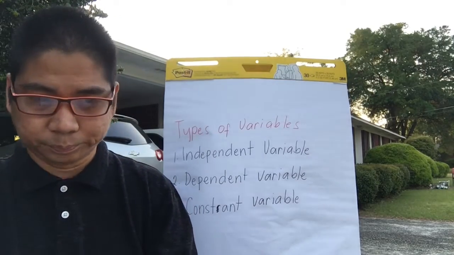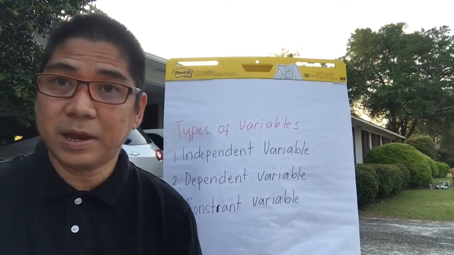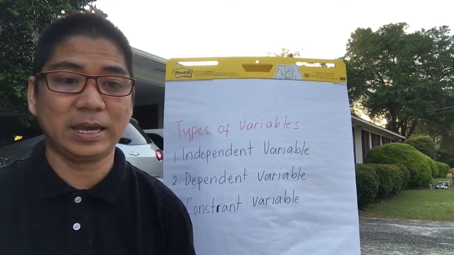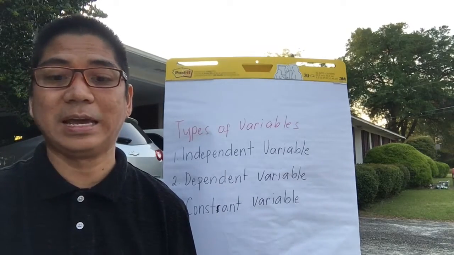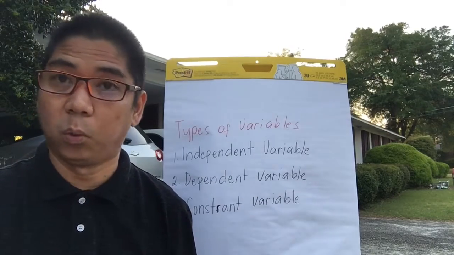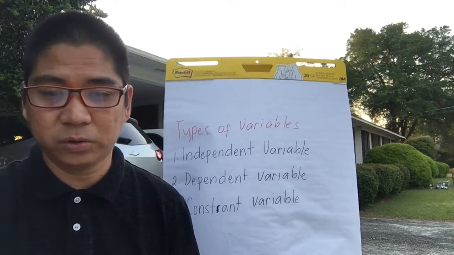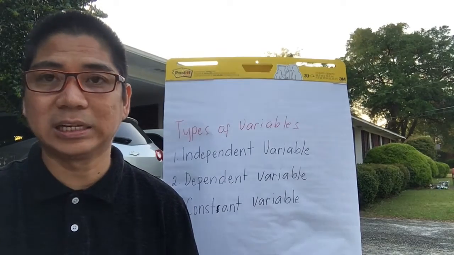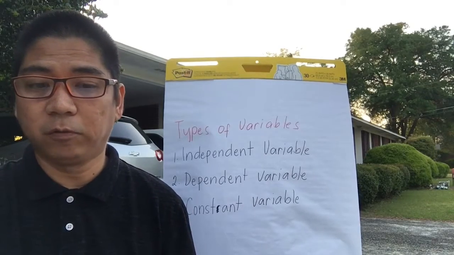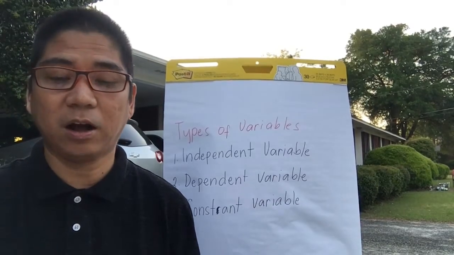All right, now, for each item below, specify the independent, dependent, as well as the constant variables. Number 1, a study was done to find if different tire treads affect the braking distance of a car.